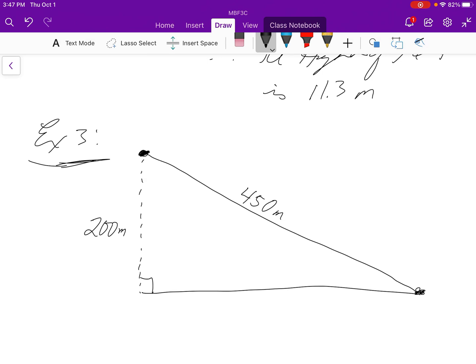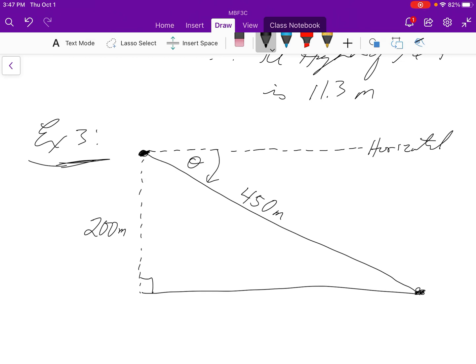What we want to figure out in this question is the angle of depression. Here's a thing to take note of all the time: the angle of depression is from the horizontal down. So you're looking for this angle right there.